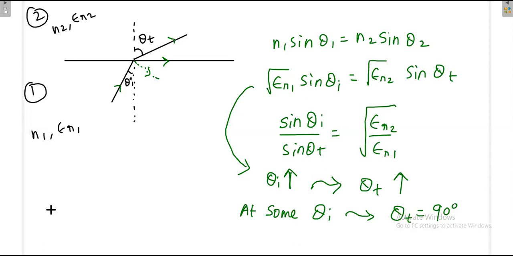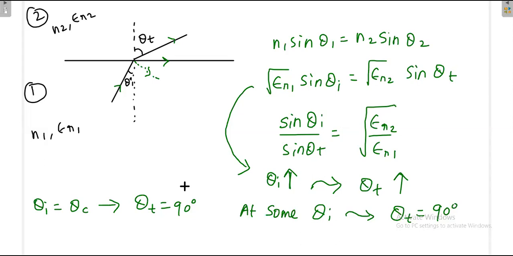So the idea here is you choose the incident angle equal to the critical angle, and at that time exactly your theta t is equal to 90 degrees. Just the total internal reflection starts. So when my theta I is equal to theta c, my theta t becomes 90 degrees.